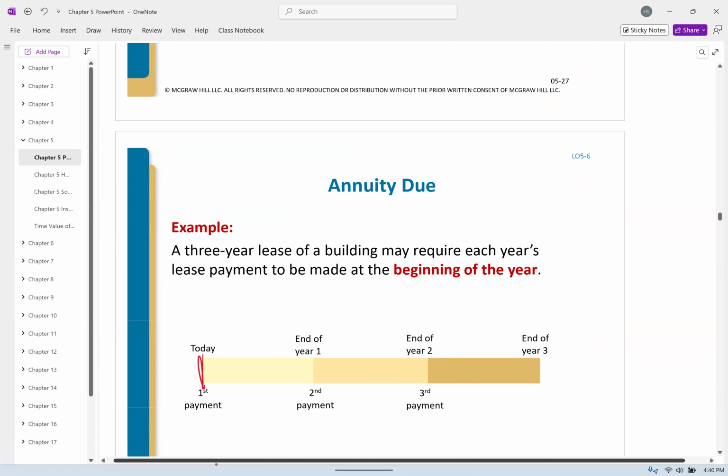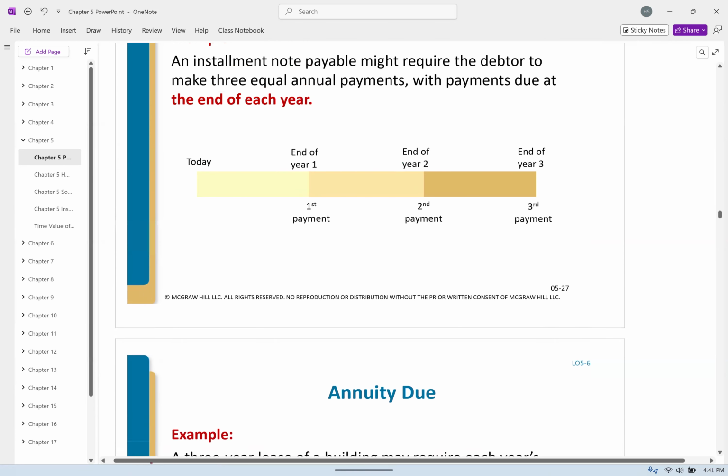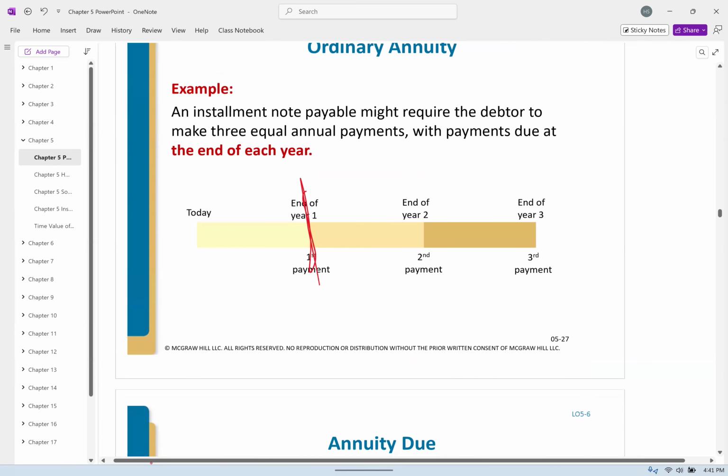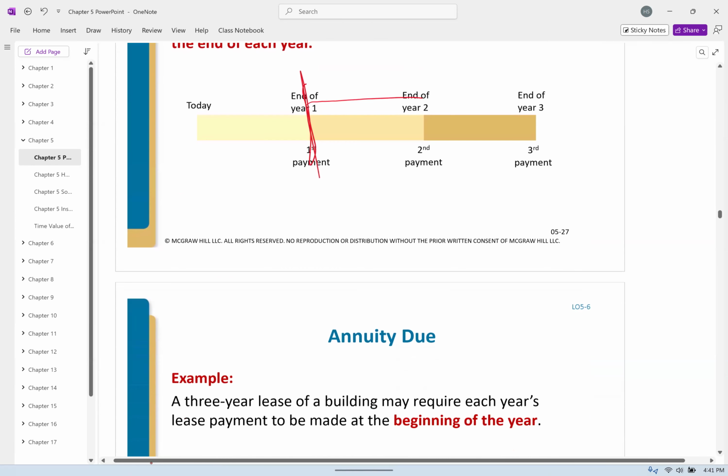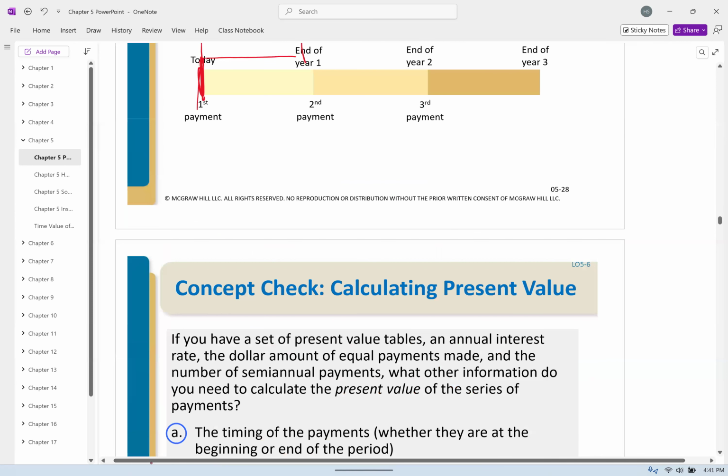This would be really good if you're paying it back, because there's pretty much no interest going to accrue on that one. If you are putting money in, this is really great too, because you put that money in today and it earns interest from here to the end of that first year, whereas the ordinary one doesn't start earning any interest until after the end of year one, or period one.